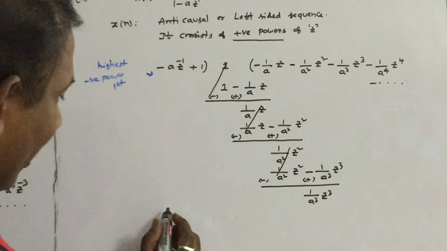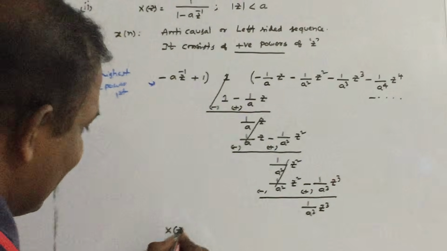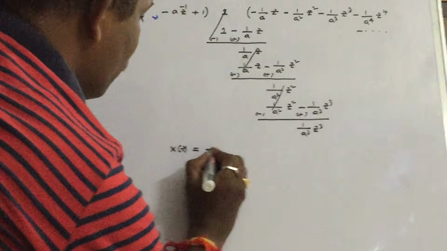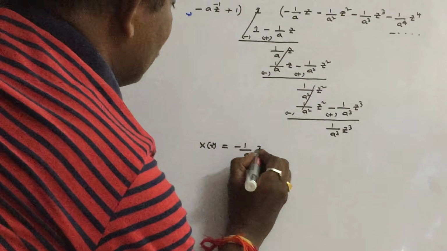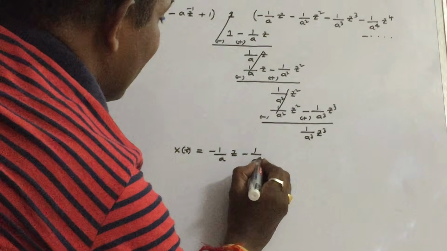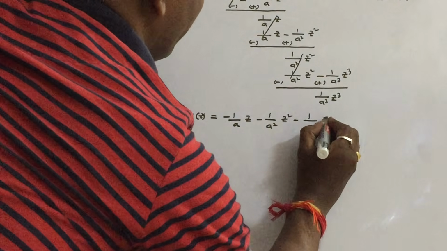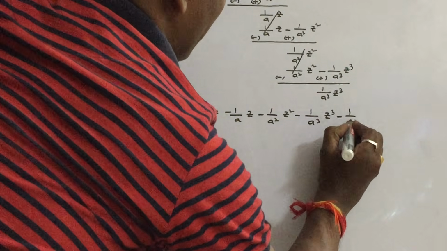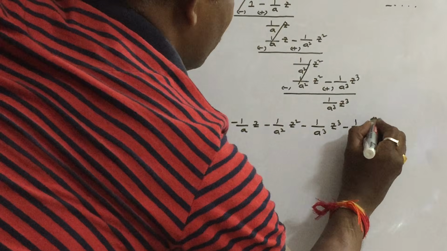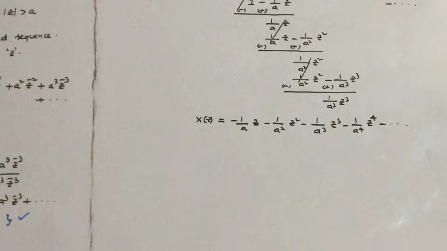Therefore we can write x of z as the summation: minus 1 by a into z, minus 1 by a square into z square, minus 1 by a cube into z cube, minus 1 by a power 4 into z power 4, minus and so on.